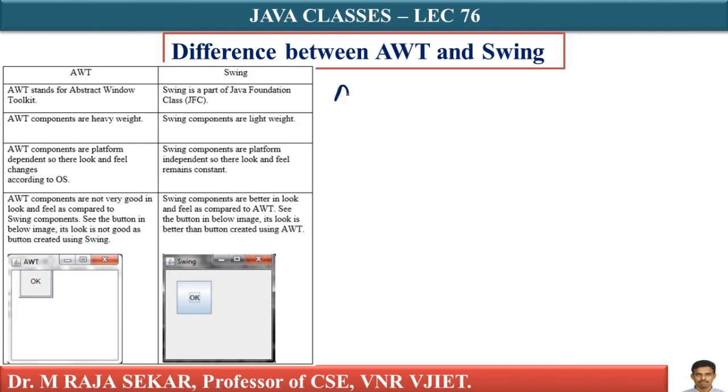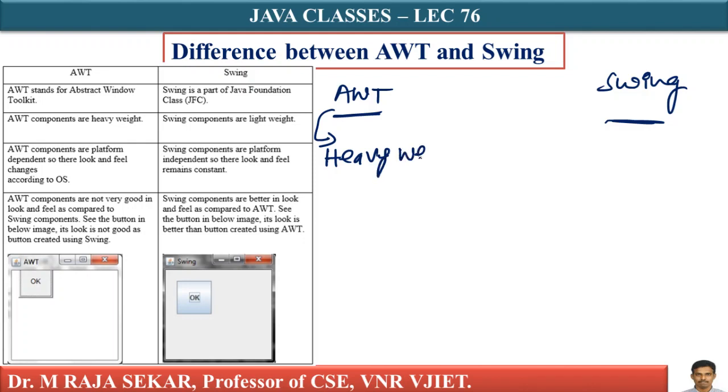Let me differentiate AWT and Swing. What are the basic differences? In the case of AWT, components are heavyweight, whereas Swing components are lightweight components.